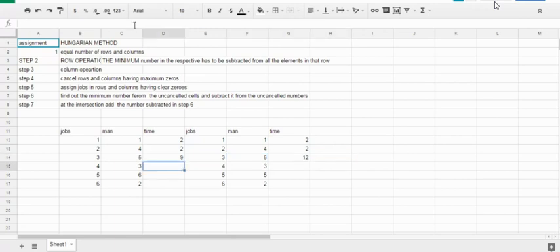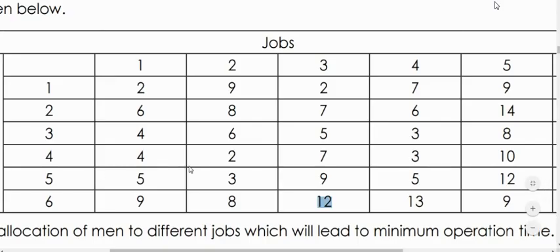Now the fourth job by the third man was completed in 7 hours.